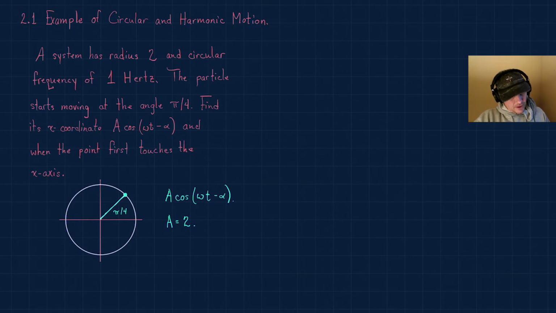So the first part is it says a system has a radius of 2, circular frequency of 1 hertz. So remember that, the frequency is 1 hertz. Well, what is a hertz?